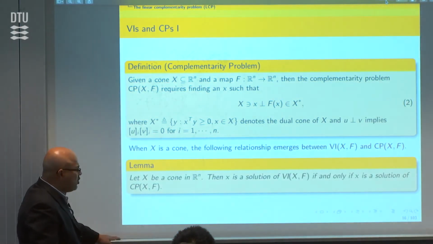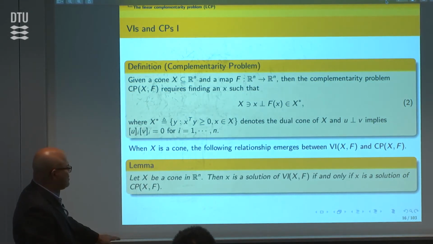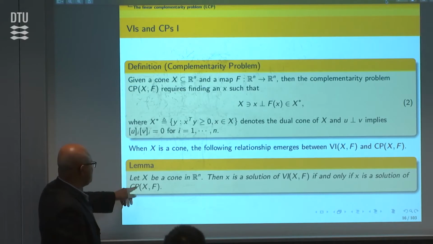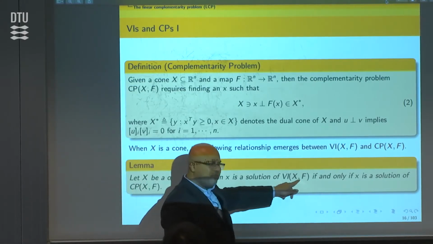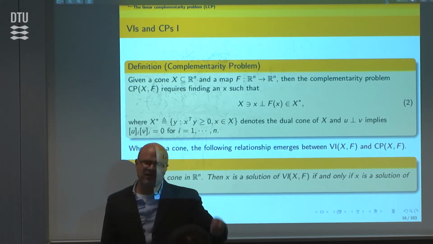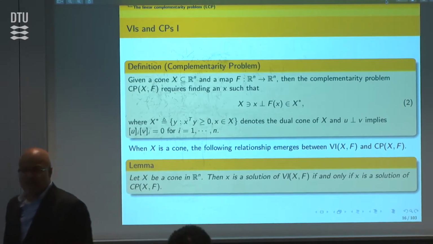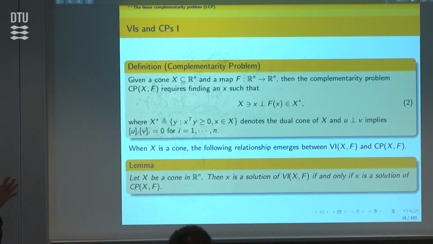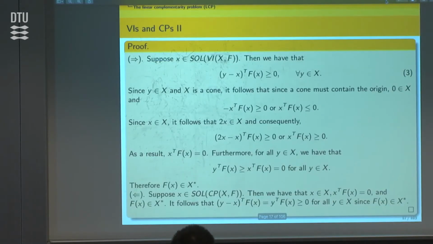So if the variational inequality problem is specified on a cone, so the set X is not just closed and convex, or an arbitrary set, it's a cone, then x is a solution of VI(X, F) if and only if x is a solution of CP(X, F). So there's an if and only if relationship.